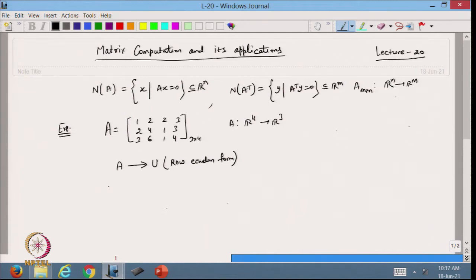I will write the matrix A here, 1, 2, 2, 3, 2, 4, 1, 3, 3, 6, 1, 4, and next to it I am taking the unit matrix.